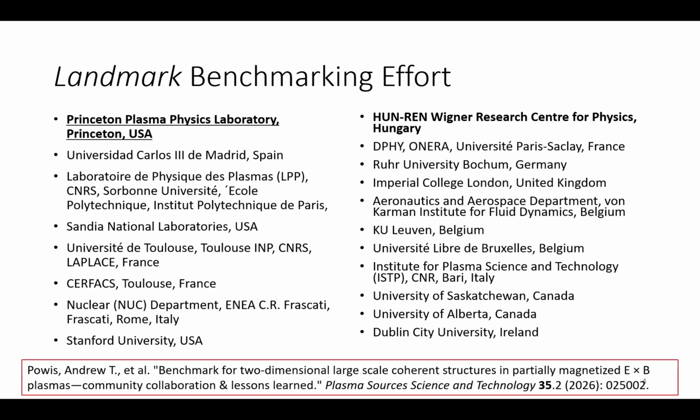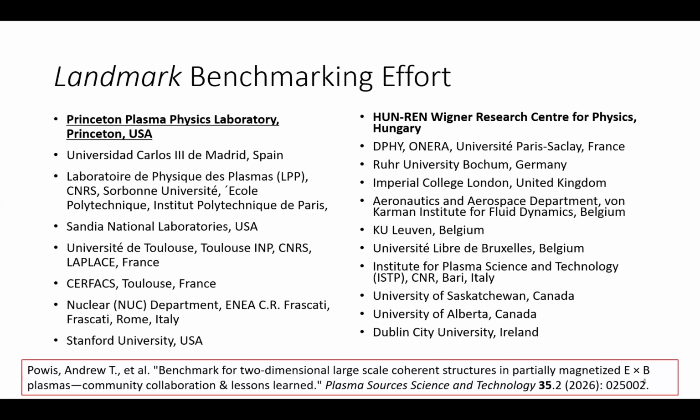And this work was part of a larger plasma benchmarking effort. About 18 or 19 research groups participated. The actual project was led by Princeton University, and the Wigner group was part of the study. If you're interested, that's the paper where the results are published.